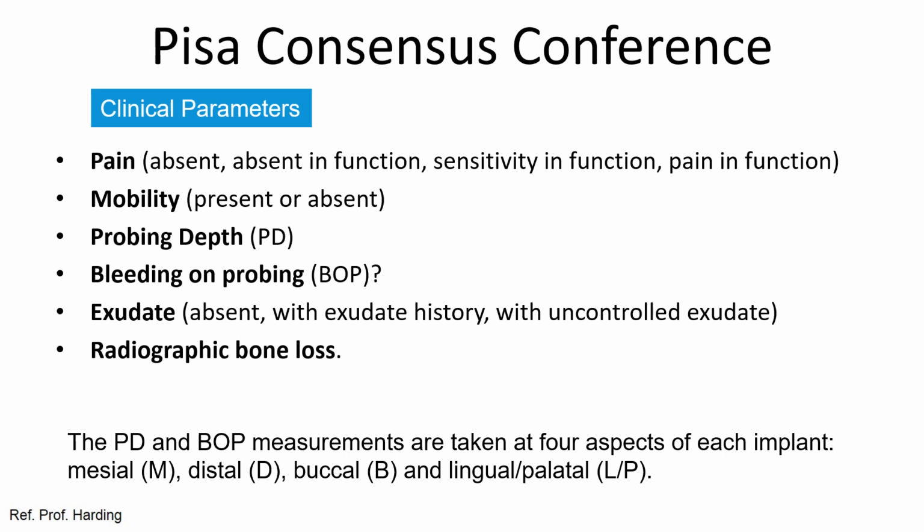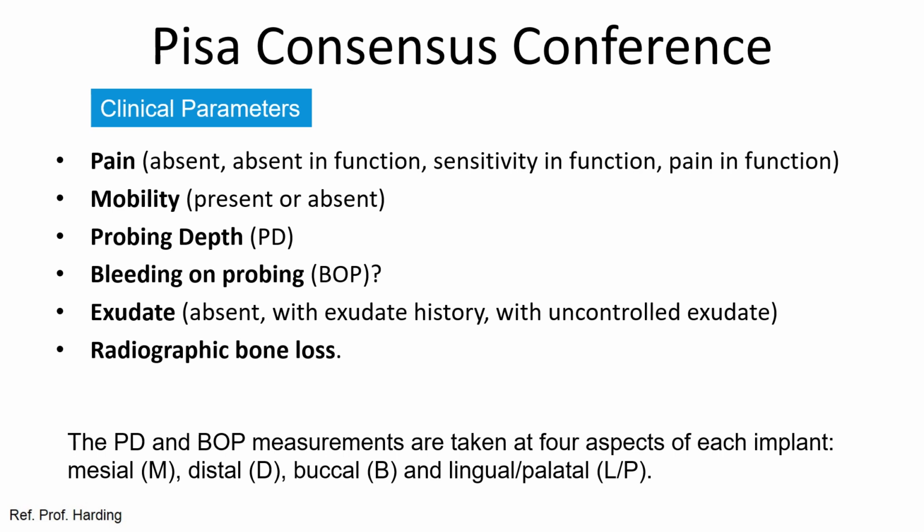Sensitivity, occasionally we can have sensitivity from our implants, but they're still firm and functioning, or we can have pain in function. There are different levels and degrees of mobility. It can be present or absent, but again, up to 1 millimeter may be permissible in some situations.